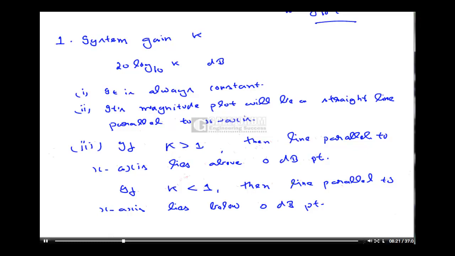When K is equal to 1, logarithm base 10 of 1 is 0, so that will be my 0 dB line. This was one factor, for system gain K. The second one will be, suppose there are poles or zeros present at the origin.